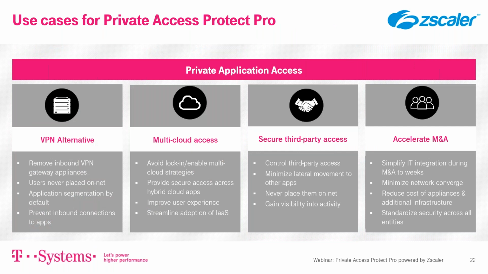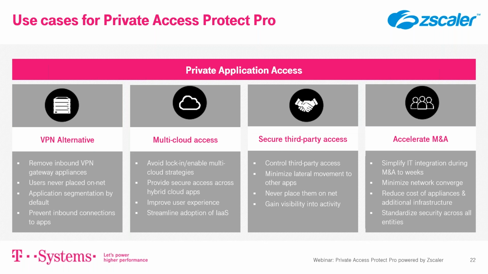But enough of all the managed services and deployments. Let's take again a quick look at the use cases. Nathan already told us about them, so let's summarize it. The main use case is of course the VPN alternative.